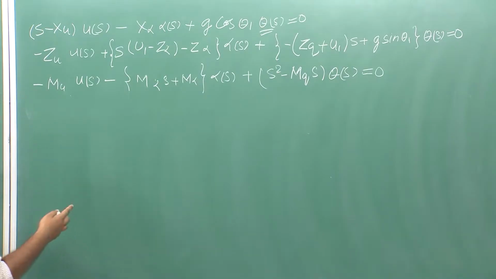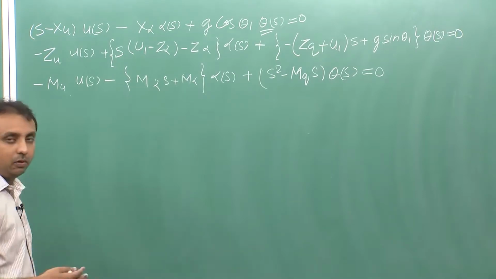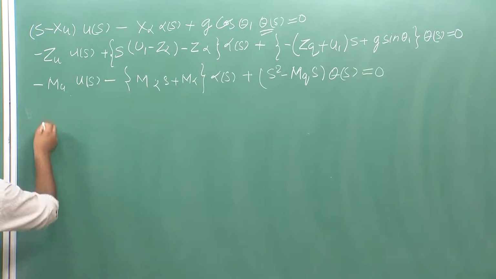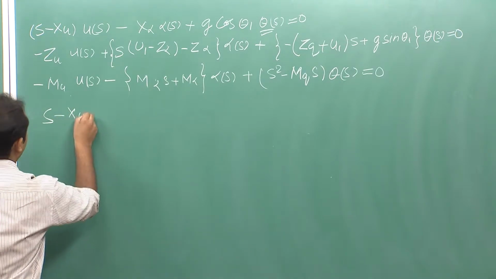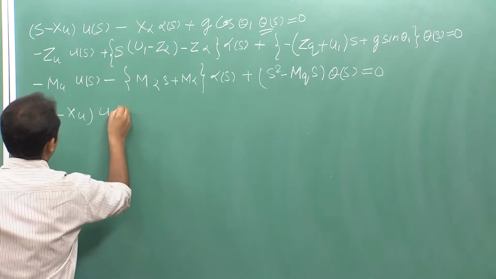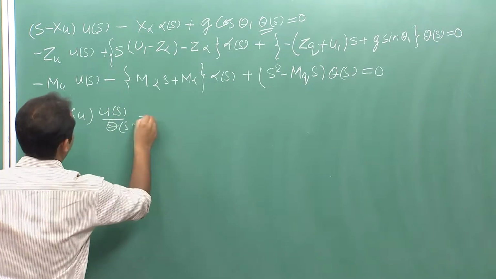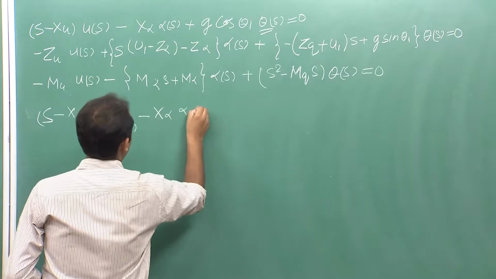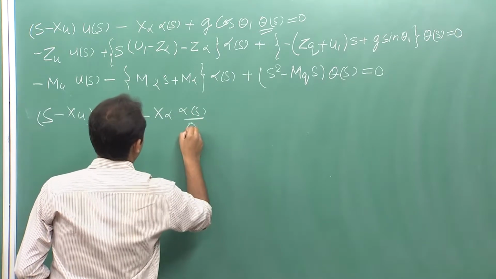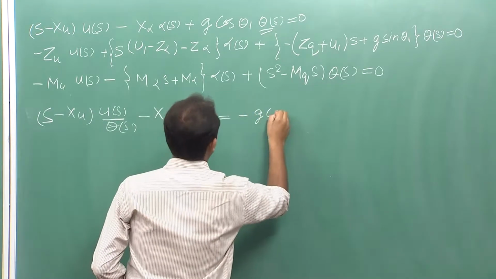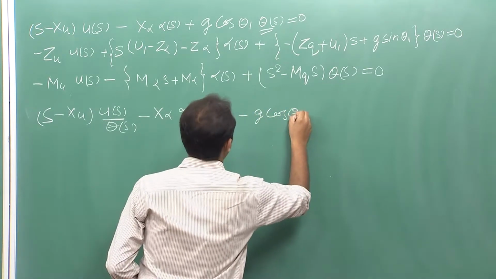Dividing this differential equation by theta of s, because we want the relationship between these variables, we get: s minus x u into u of s by theta of s, minus x alpha into alpha of s by theta of s equals minus g cos theta 1.